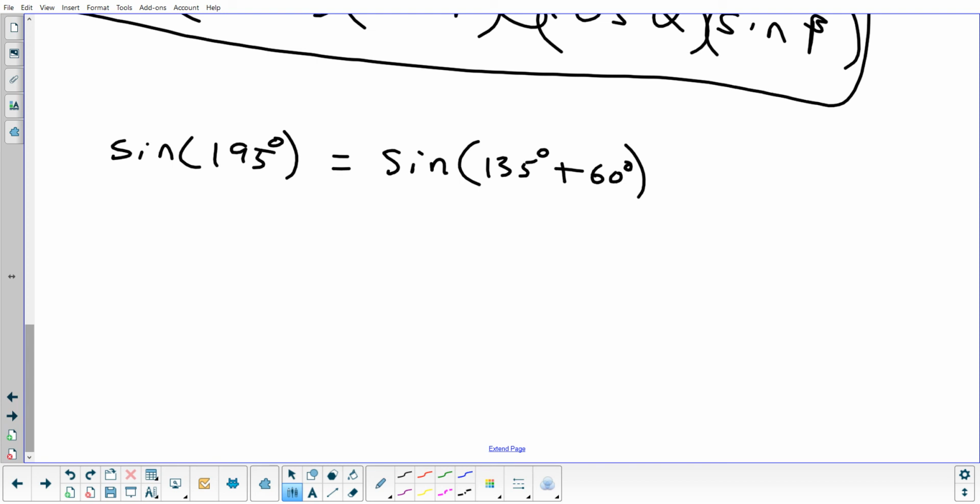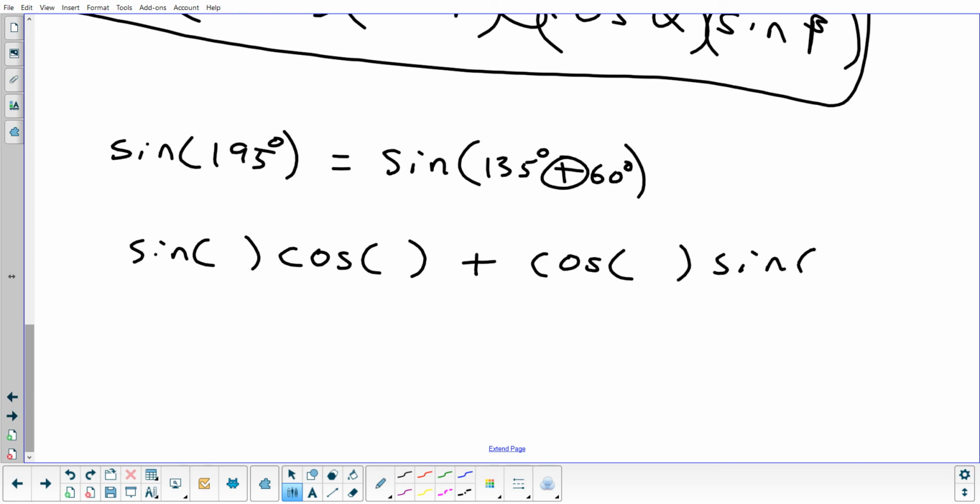And how about Jake? Can you just start me off with the pattern? You don't have to even fill anything in. Just the pattern of my formula. Sine, cosine. Yep. We're doing a sum and difference. Oh, plus cosine. Perfect. Sine, cosine plus cosine, sine. Now fill in 135 and 60.